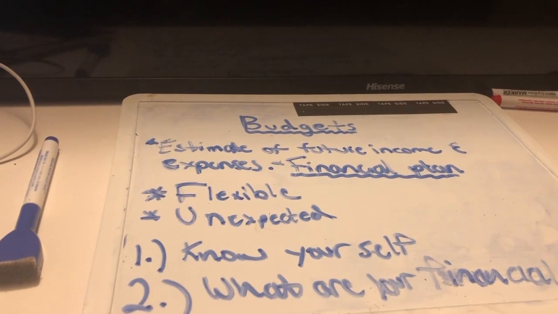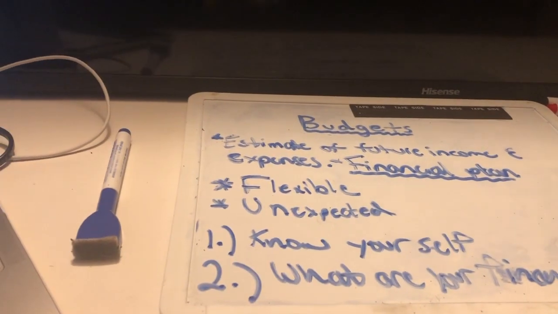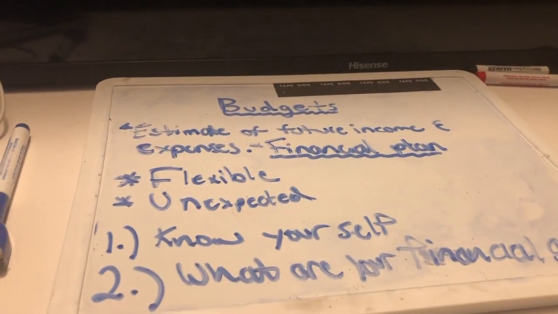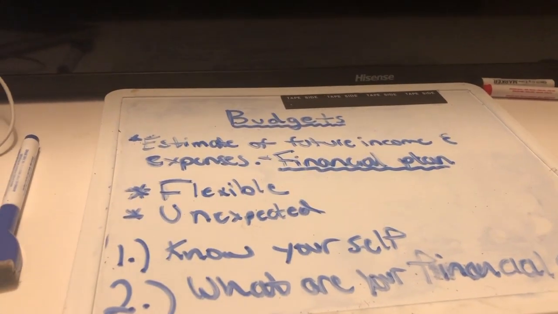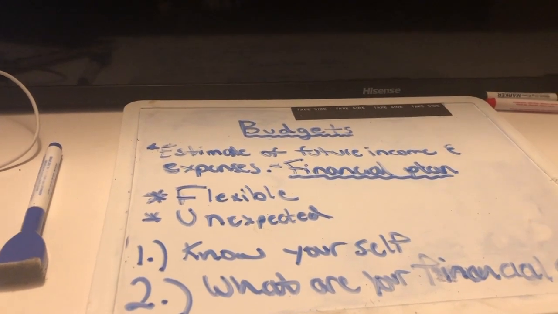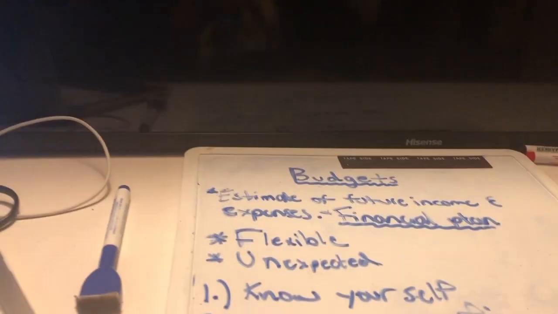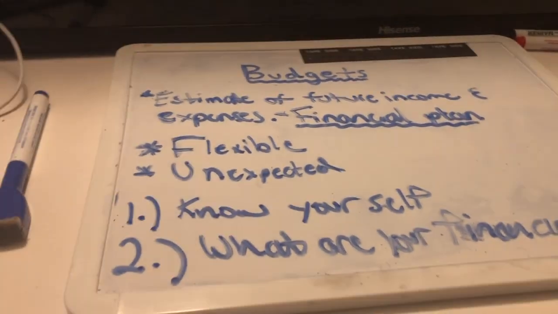Some expenses you will know right away are probably your bills, for example, your phone bill. You pay a certain phone bill every month. That bill doesn't change drastically unless you're buying long distance minutes, but typically it's a consistent thing.